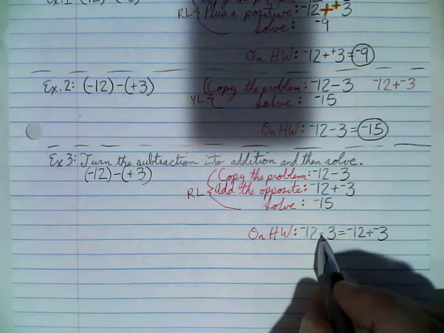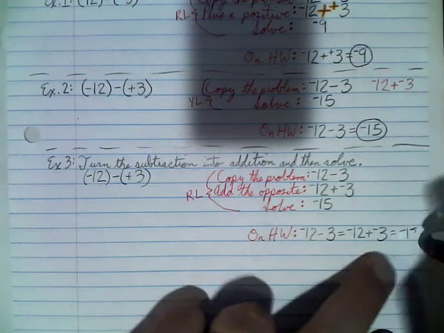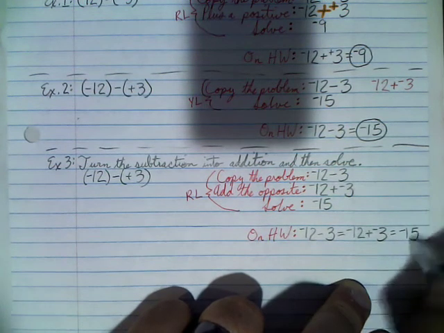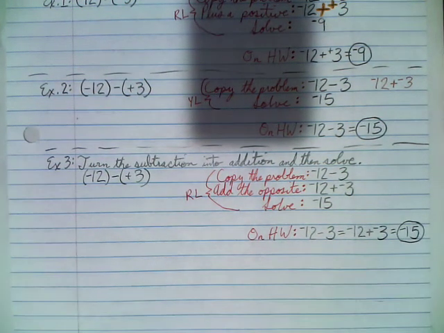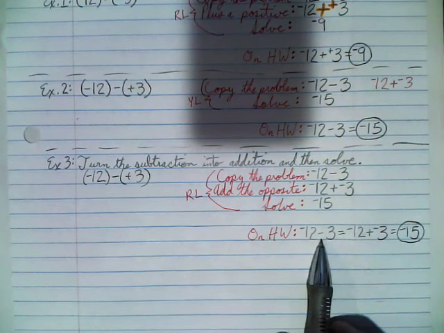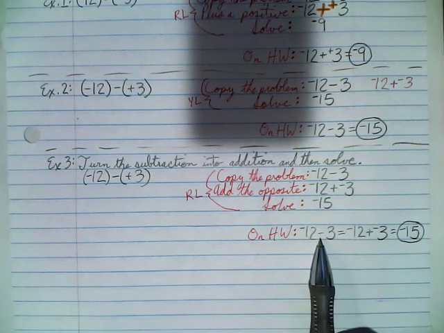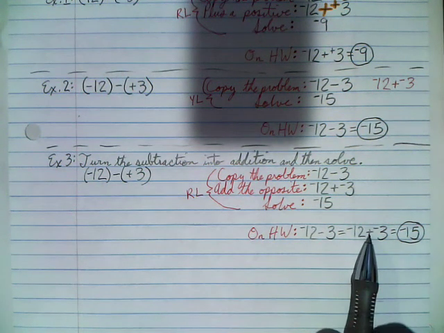So we've got it copied with a minus, we got it copied with a plus, and then finally the answer. So in general, if it ever asks you to change the subtraction into addition, you will have to have these clear 3 parts to it. The problem copied with a minus sign, the problem rewritten with a plus sign, and the answer.